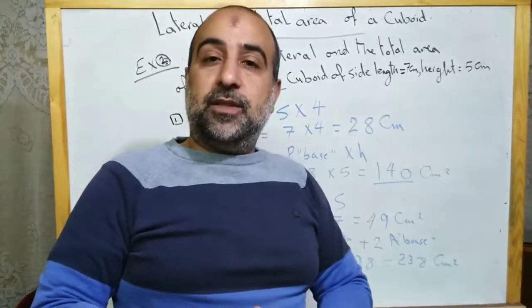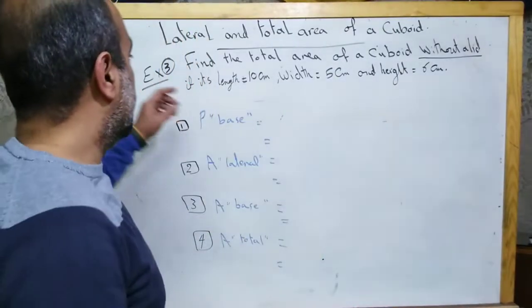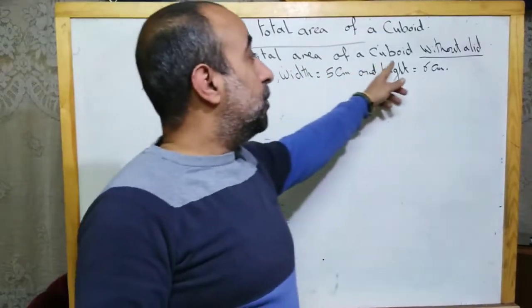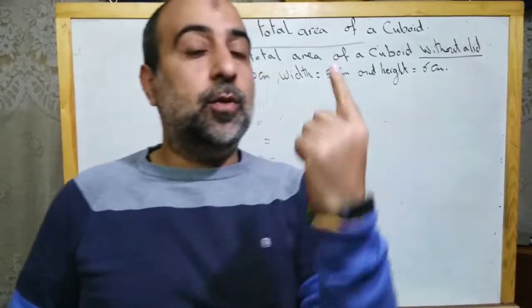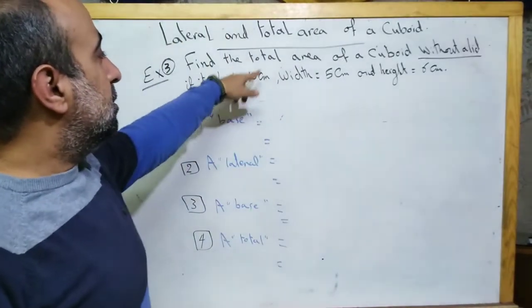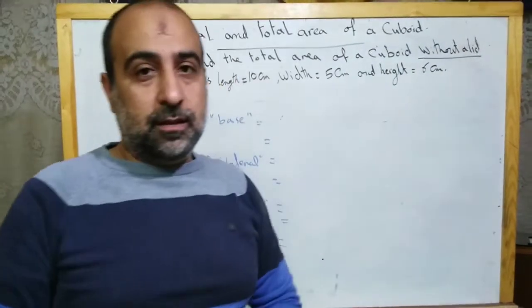Let's take another example. Example 3. Find the total area, just the total area, of a cuboid without a lid. Without a lid, it means you have just one base. If its length is 10 and its width is 5 and height is 6 centimeters.